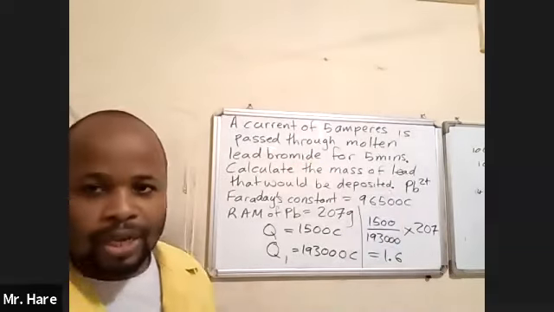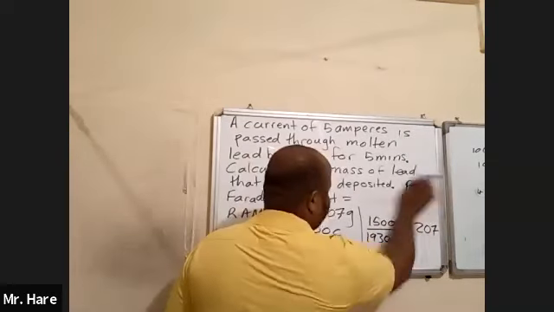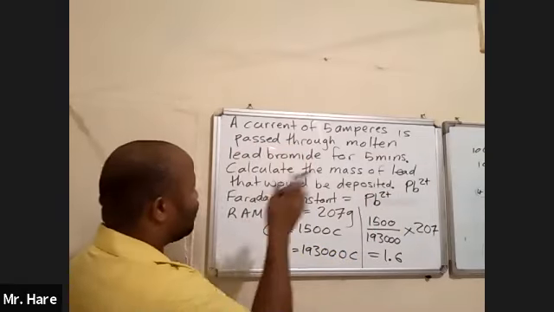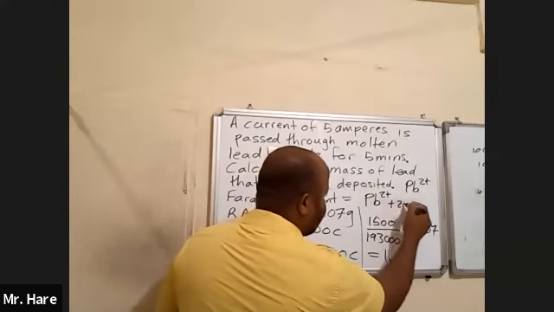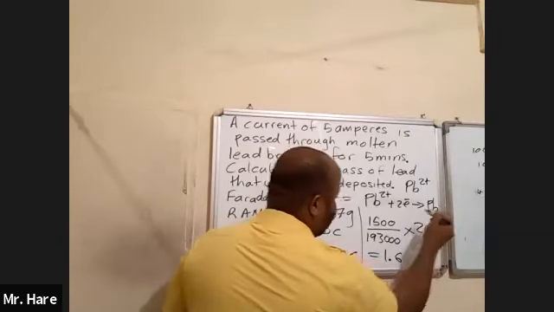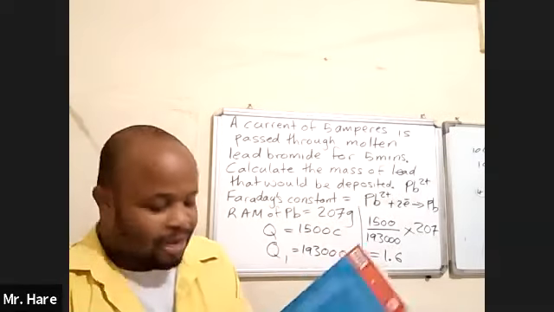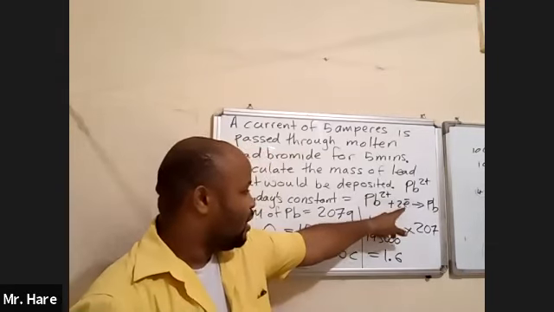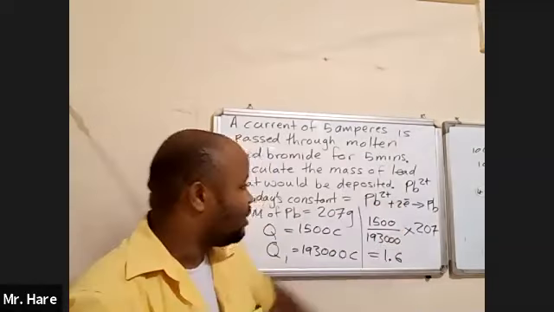So if we're looking at lead, lead is Pb2+. In the electrolysis of lead bromide, the lead would gain 2 electrons, Pb2+ gains 2 electrons to form 1 mole of lead. So we multiply 96,500 by the number of electrons from the half equation.